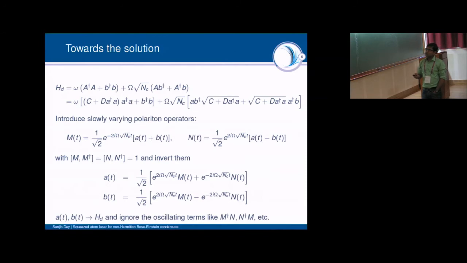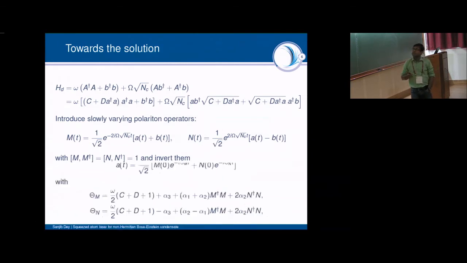So the commutation relations are preserved, but there is no harm in taking this kind of transformation, and when we invert these relations, we get AT and BT in terms of these operators. And now we can replace it into the Hamiltonian to get the solution. Of course, we have to ignore some oscillating terms, M dagger N and N dagger M. This kind of approximation has been taken to solve this system.